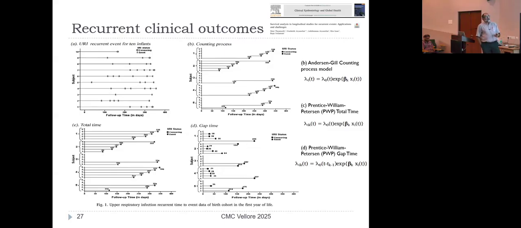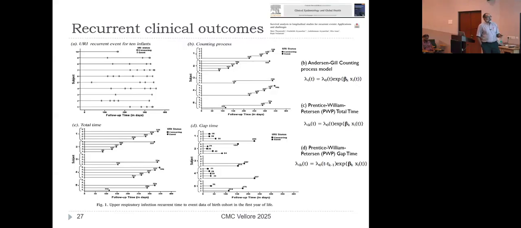And what Prentice, Williams, and Peterson said is that I can take all of those different ones and study the hazards of the total time from the baseline of all of those. But more intuitive to me is that Prentice, Williams, and Peterson also suggested I look at those gap times.